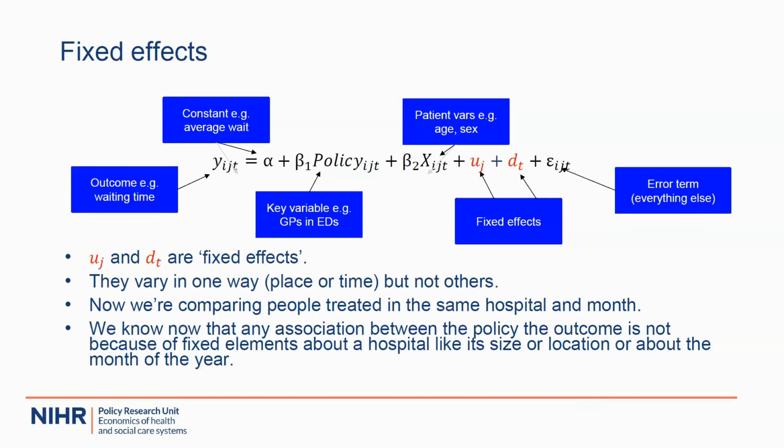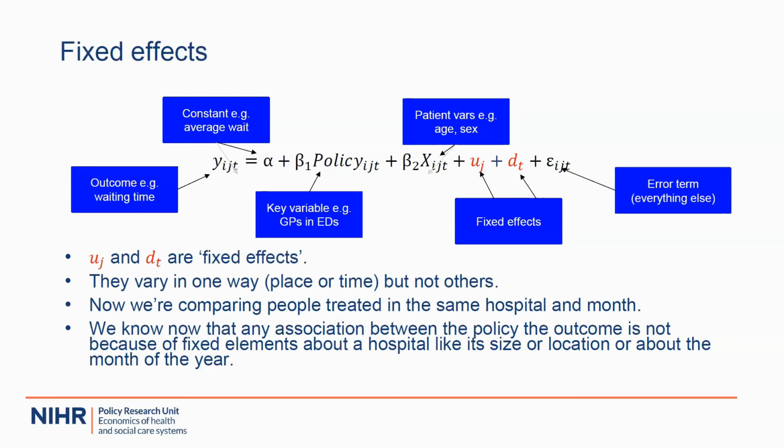And then we've also got our second fixed effect, and that is for time. So some things like general improvements in or changes in practice, how patients are treated, which occur across every hospital but change over time, we can capture through these fixed effects, which will be in D in this case.